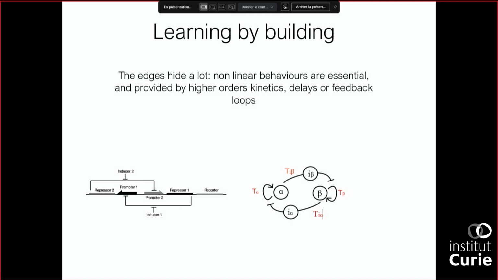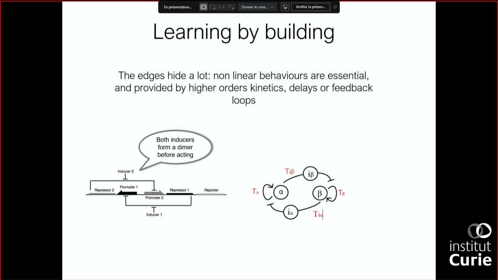The first one is about this idea that the network is properly defined or properly explained by a topological representation of the network, where you have these elements and these links telling you if the links are activatory or inhibitory. And in fact, we discovered that this is a bit confusing.